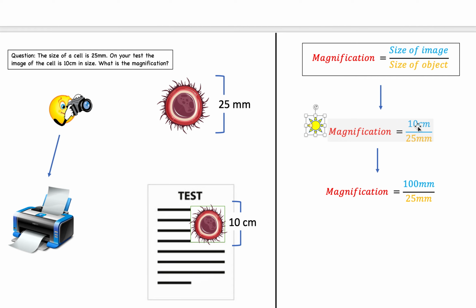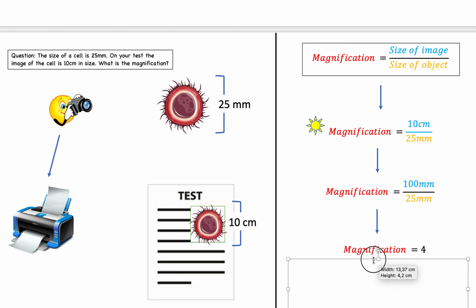So how do we convert 10 centimeters into millimeters? We know that to convert centimeters into millimeters, we need to multiply by 10. So we multiply 10 by 10, and that brings us to 100 millimeters. 100 millimeters is the same thing as 10 centimeters. But now the units are equivalent, millimeter and millimeter, which means we can do the math and the answer will be correct.